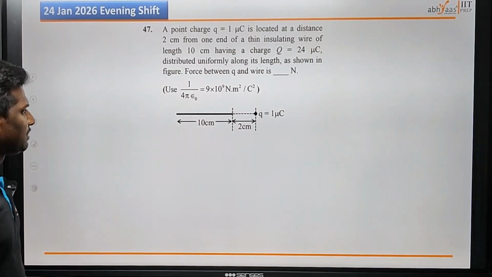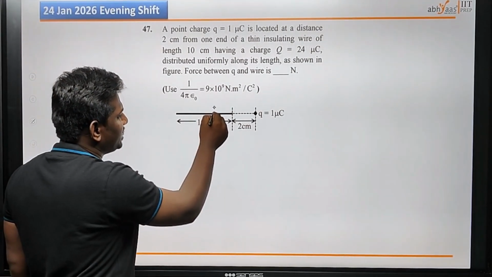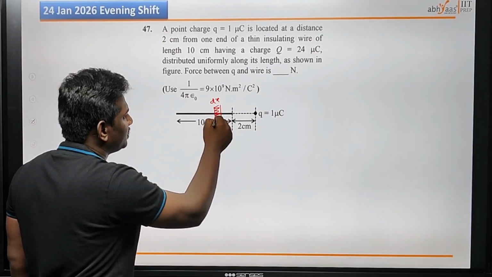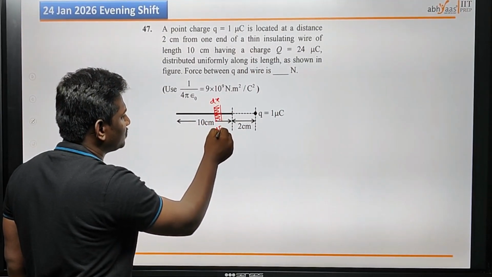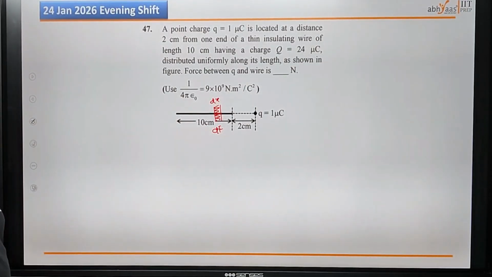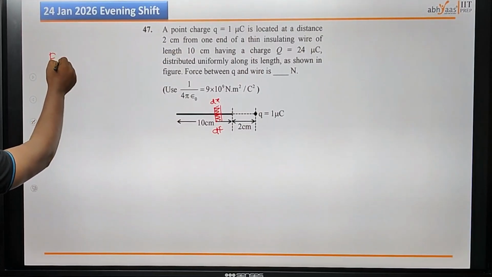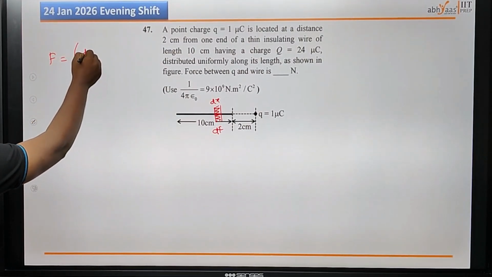Let's consider some small distance dx. This is our dx distance. If you find the force df and integrate it, you will get the total force. See here, F equal to integral of df.